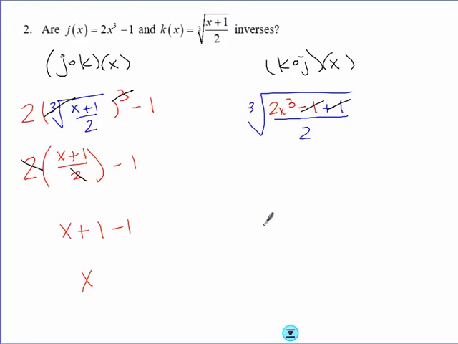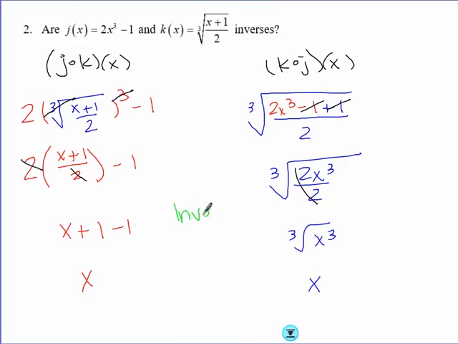First, I can cancel out these 1's. Then if I divide the 2's, those will cancel. So I have cube root of x cubed, which is x.